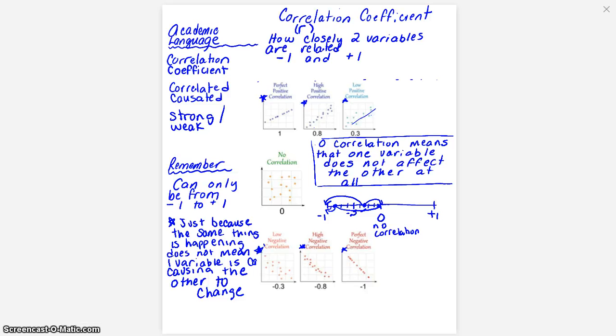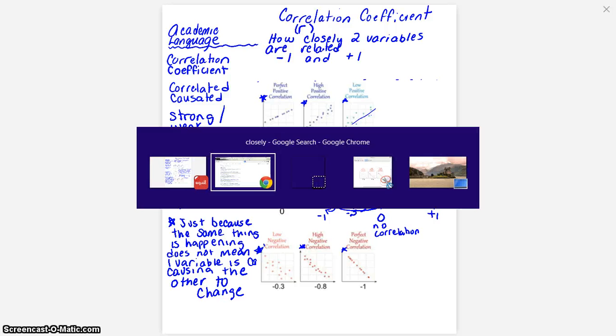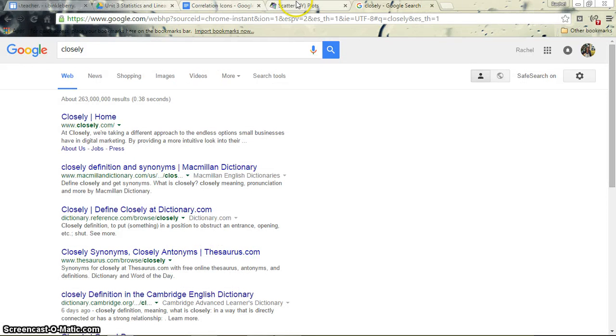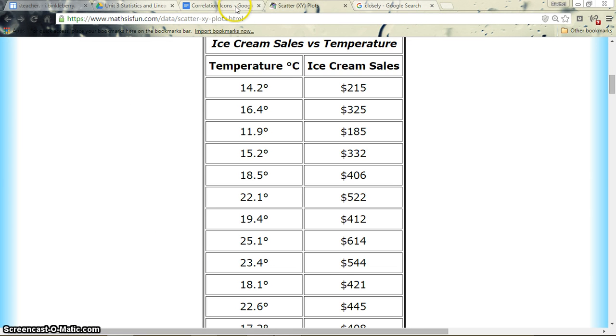I'm going to check the time here and see if we can do the practice problems in the same video, so you don't have to switch videos. Yep, I have just a little bit of time to go over one problem. It's not going to take long. It is ice cream sales versus temperature.